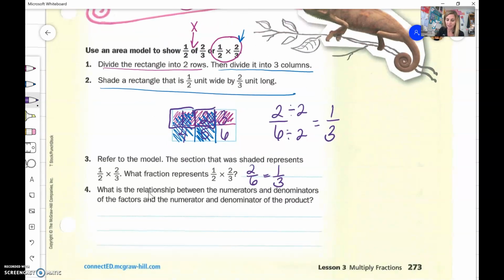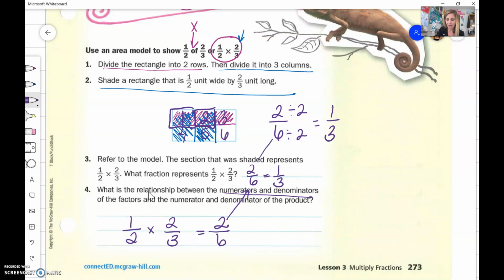Now take a look at this. It says what is the relationship between the numerators and denominators of the factors and the numerator and denominator of the product? Well, take a look at what happens. 1/2 times 2/3. What is 1 times 2? 2. What is 2 times 3? 6.